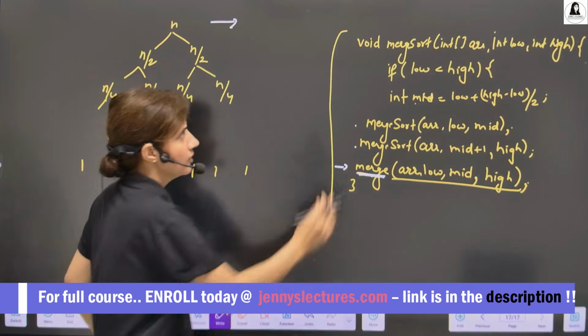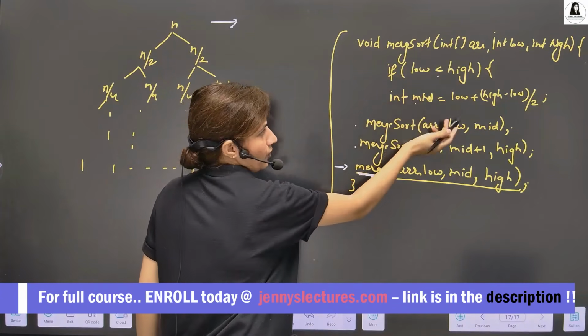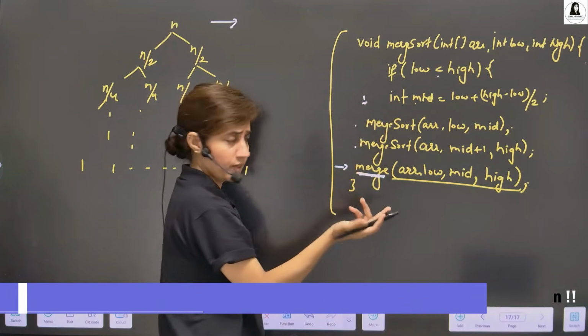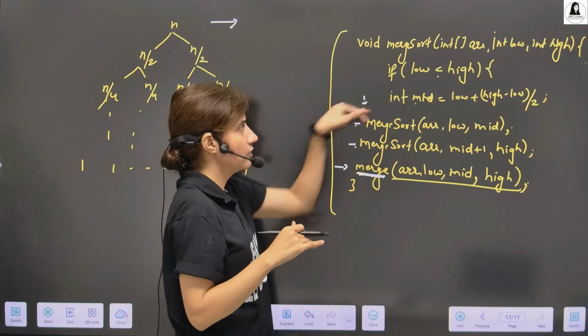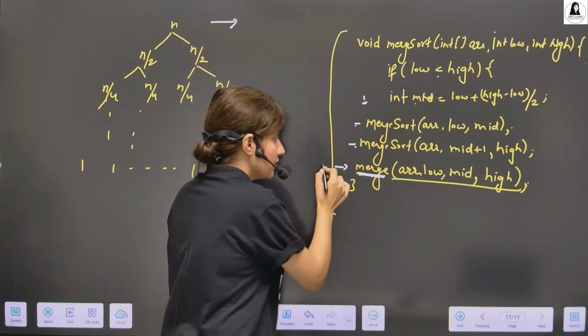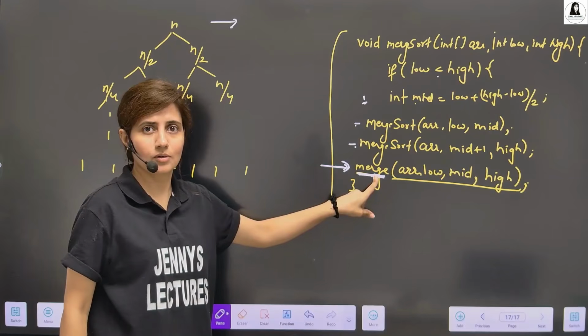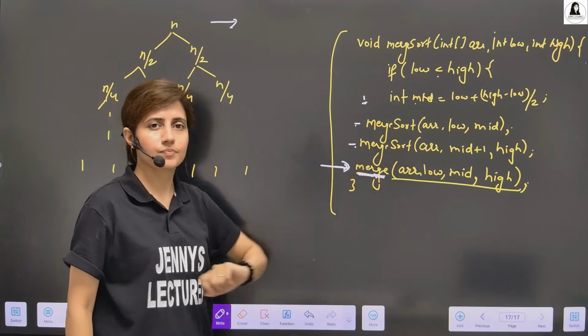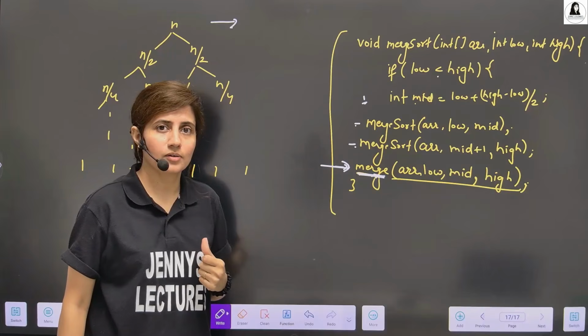Per recursive call, this is a simple comparison, order of 1. We are calculating mid, constant time complexity. This we can ignore because these are recursive calls. We are recursively calling. But now this, we can't ignore. One extra method we are calling, merge, in every recursive call. So for this merge, now you have to calculate the work done.